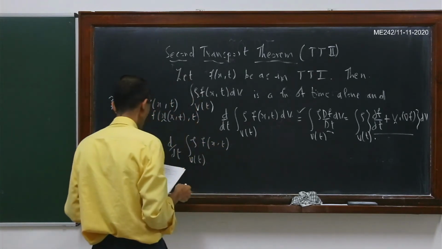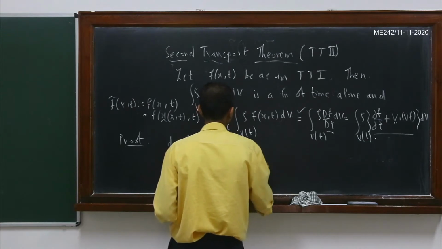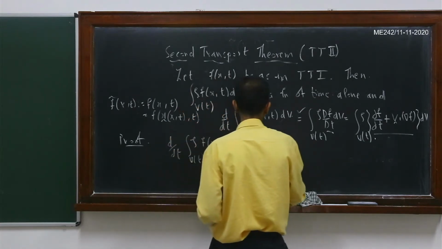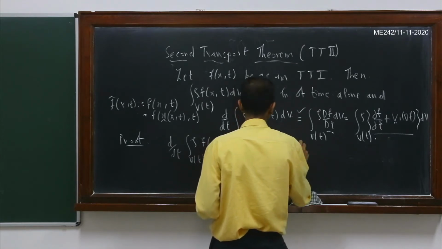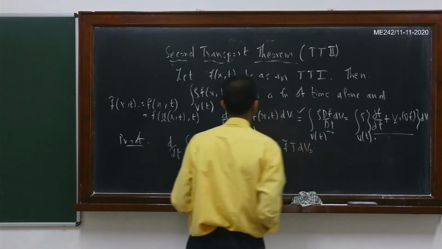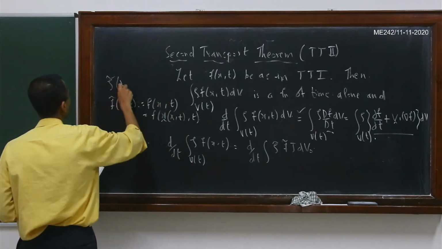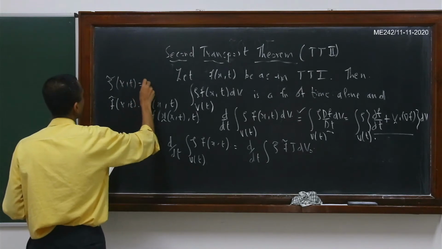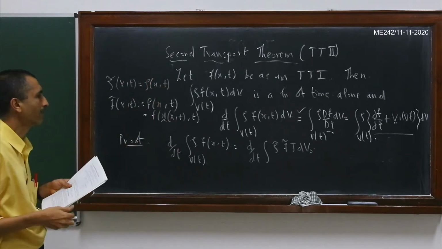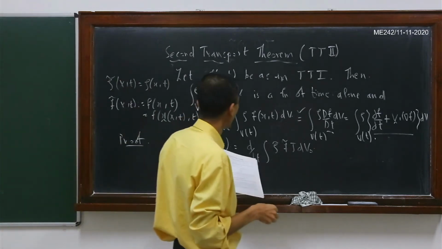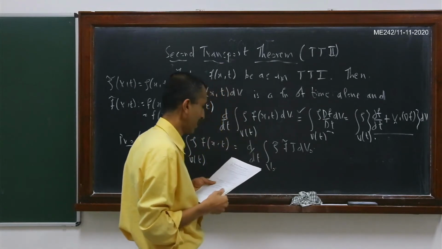And so here I can now write this as d by dt of the integral of rho tilde times f tilde times j times dv naught. The rho tilde is also defined in the same way: rho tilde of x comma t is equal to rho of x comma t, exactly analogous to what we did for f. Now this is over v naught, and we can take the derivative inside.